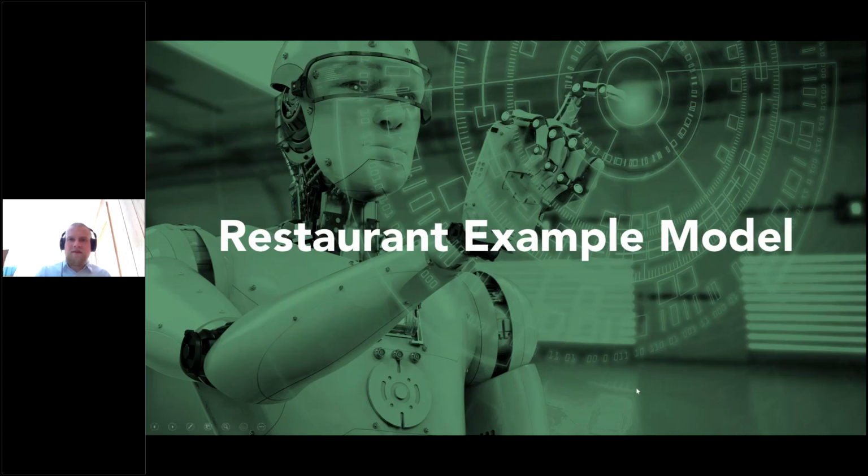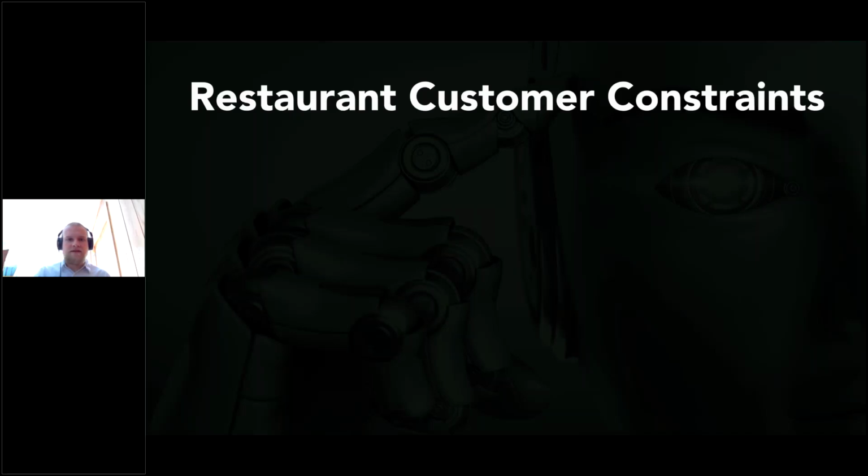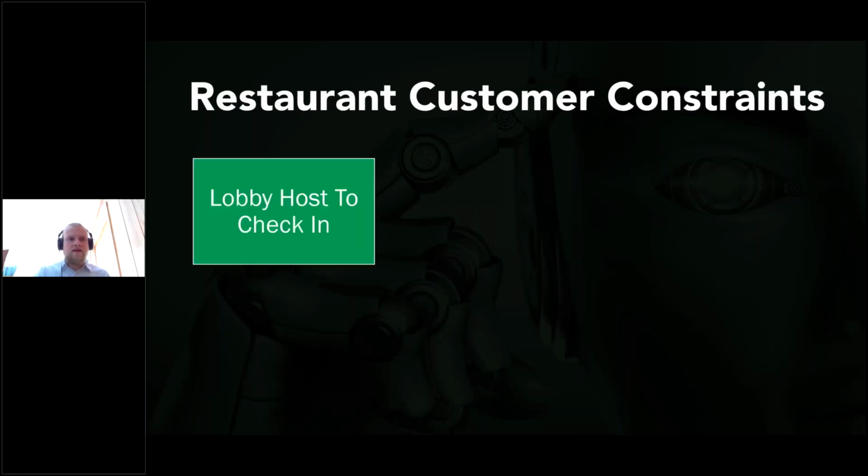Let's talk about the common constraints that we're going to see in the model today first. As the customer is flowing through the restaurant, there are different constraints that they're going to experience along the way. First, there has to be a lobby host available to check them in at the check-in station. The fact that the customer has to go to the lobby host is itself a constraint of the customer.